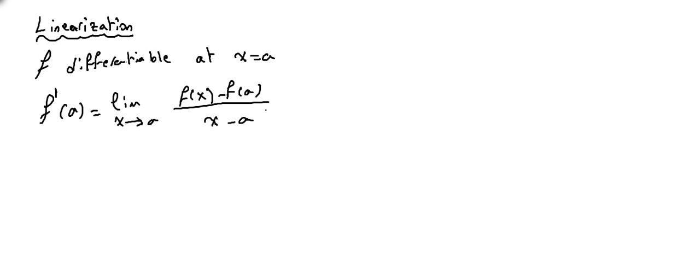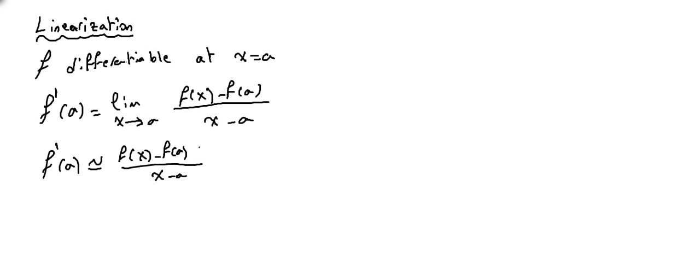And for values of x near to a, f prime of a will be approximately equal to f of x minus f of a over x minus a. This is the principle of differentiability, right?